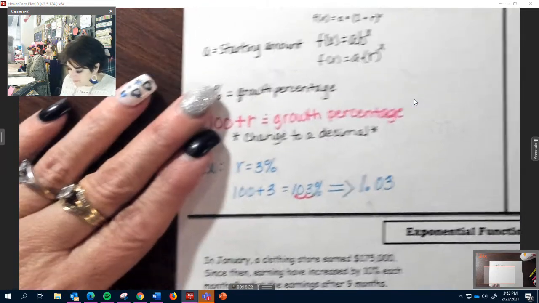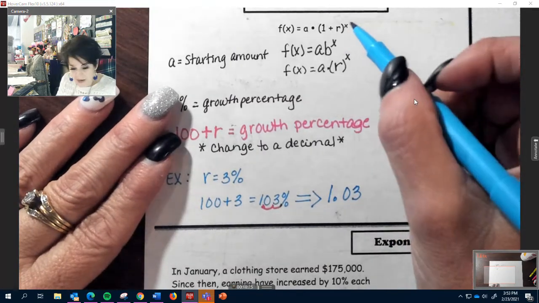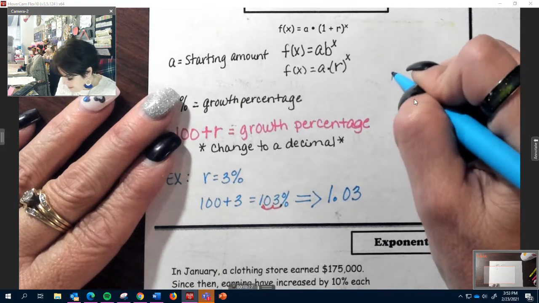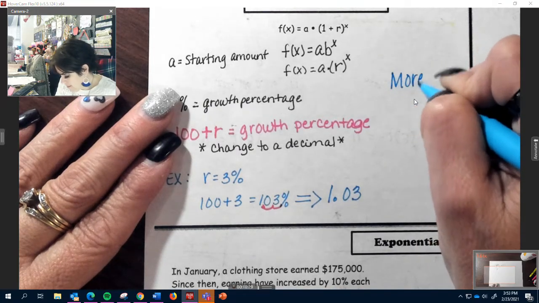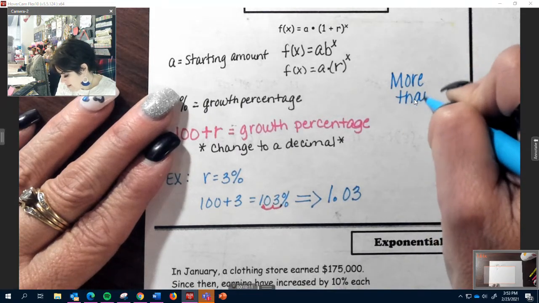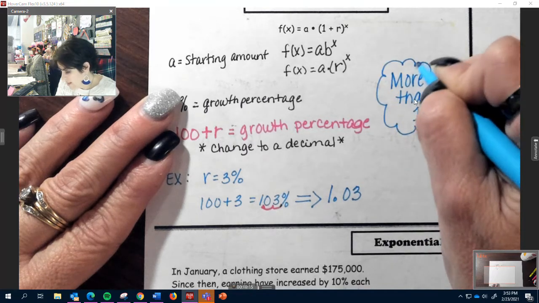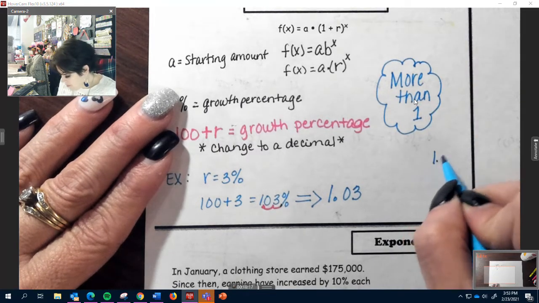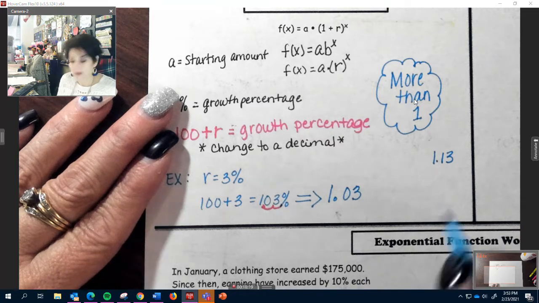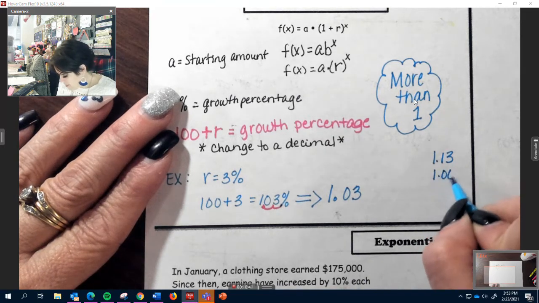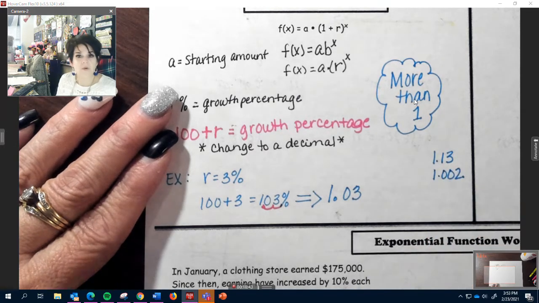All right. When you're doing exponential growth, think of this just as it's more than 1. That means it's growing. So if you had 1.13, that's more than 1. If you had 1.002, that's more than 1. That's growing.